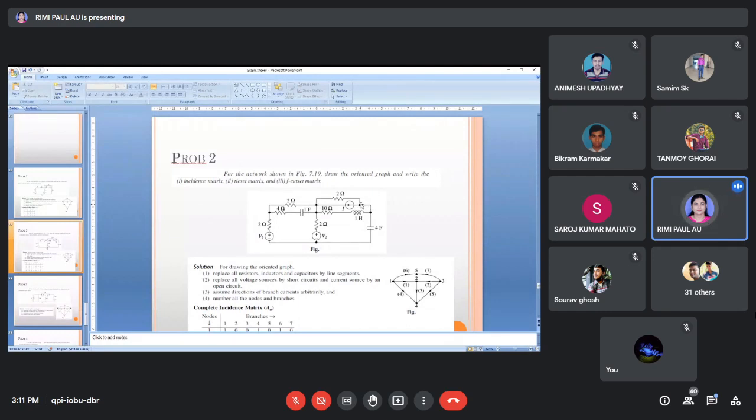Here you can see that 3 branches are connected, so this is another node. Here also 3 branches are connected, this branch, this branch, this branch. So this is another node and this is also another node. So 1, 2, 3, 4, 5, 6, or you can say these two are same, so you can write here.